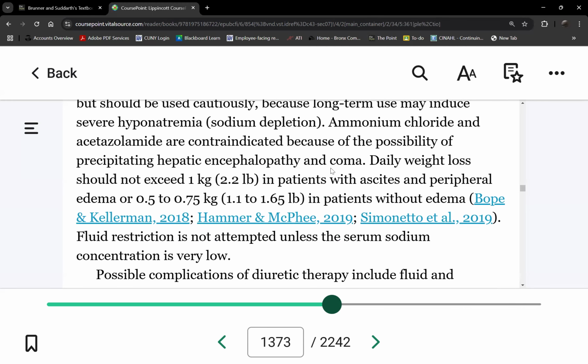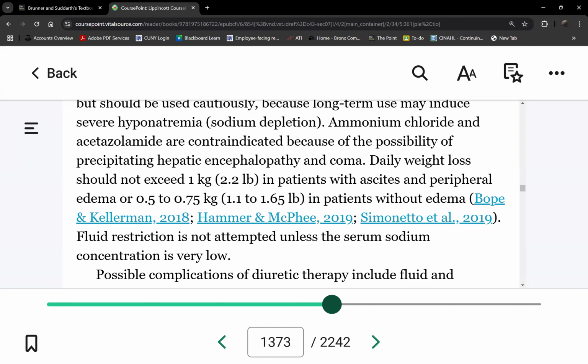The goal for fluid removal is no more than 1 liter per day, or 1 kilogram or 2.2 pounds per day. Are we clear? If we're using diuretics, our goal is a fluid loss of 1 liter per day or 1 kilogram or 2.2 pounds.